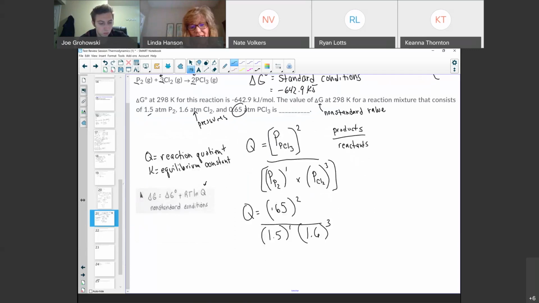Let's solve for our reaction quotient, the ratio of products over reactants. Stoichiometrically dependent: 0.65 squared divided by 1.5 and 1.6 cubed.